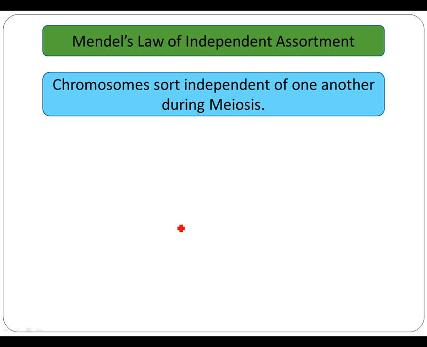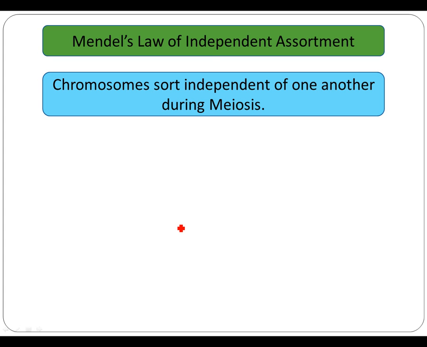It tells us that chromosomes will sort independent of one another during the process of meiosis in a parent, something that is about to reproduce. So our chromosomes will sort independent of one another.